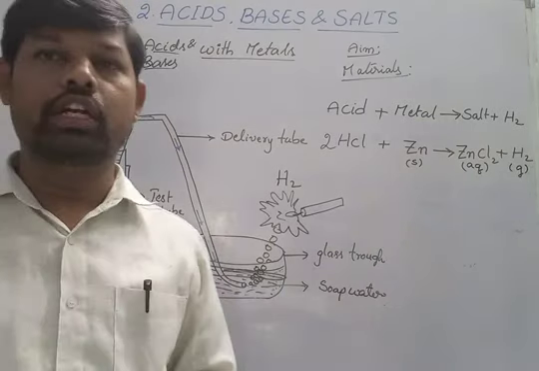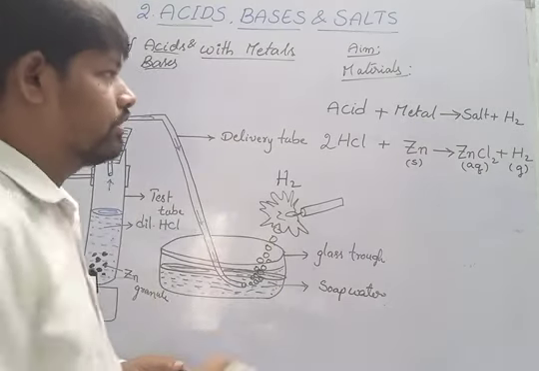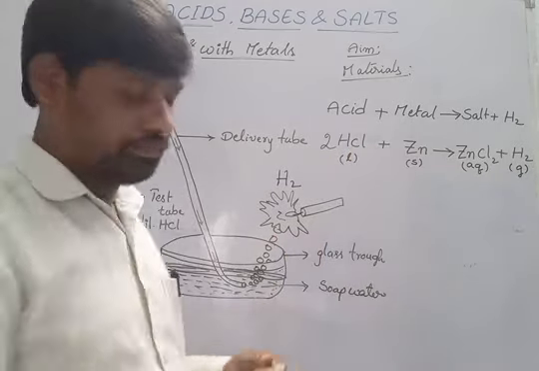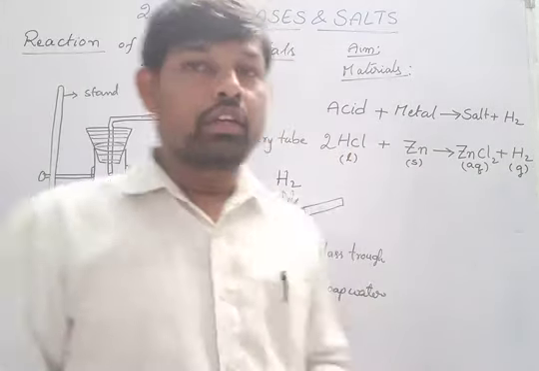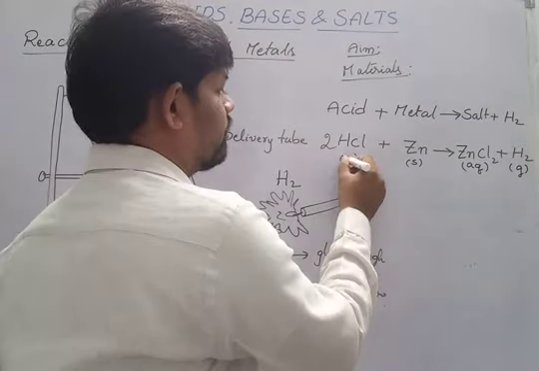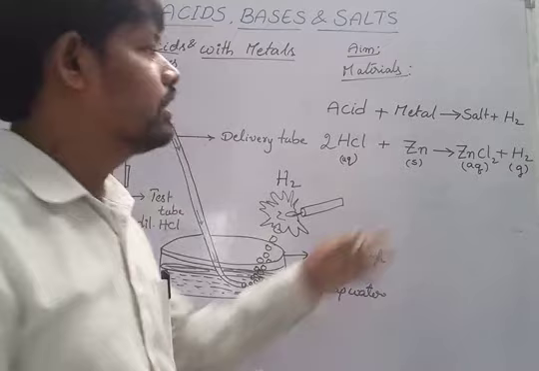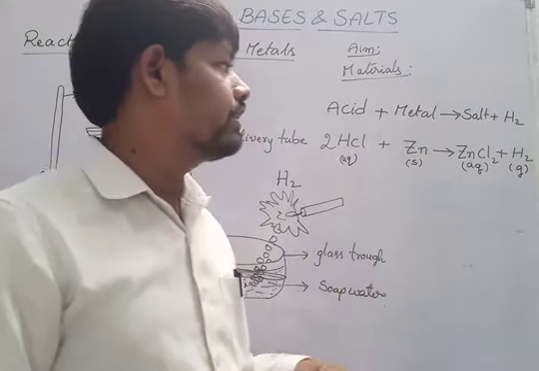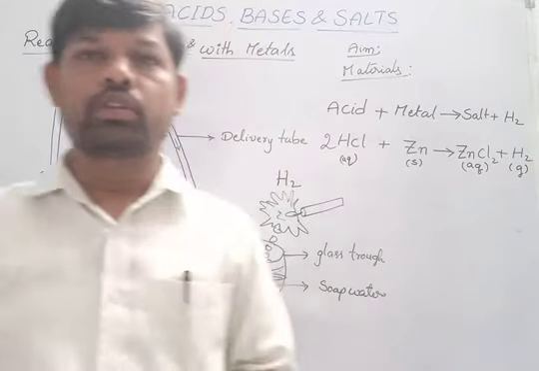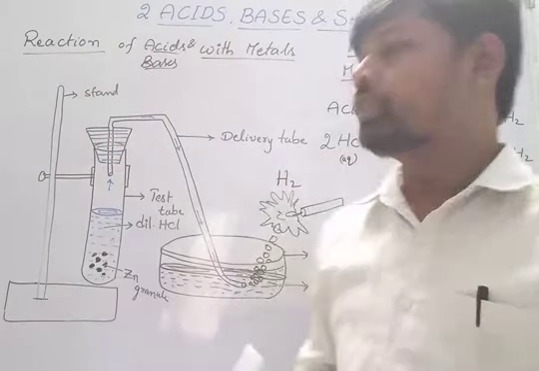Solid. HCl is in aqueous solution. If it is a mixture, it means aqueous solution. So Zn is solid, ZnCl2 is aqueous solution, and H2 is a gas. So this is the reaction with the acids.